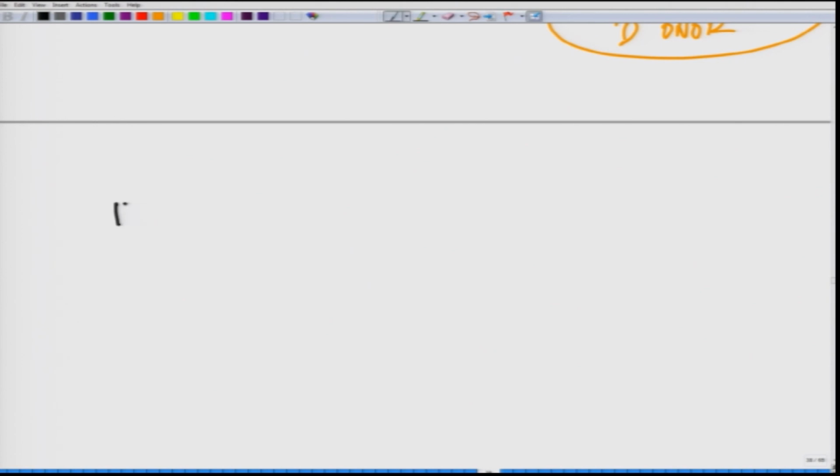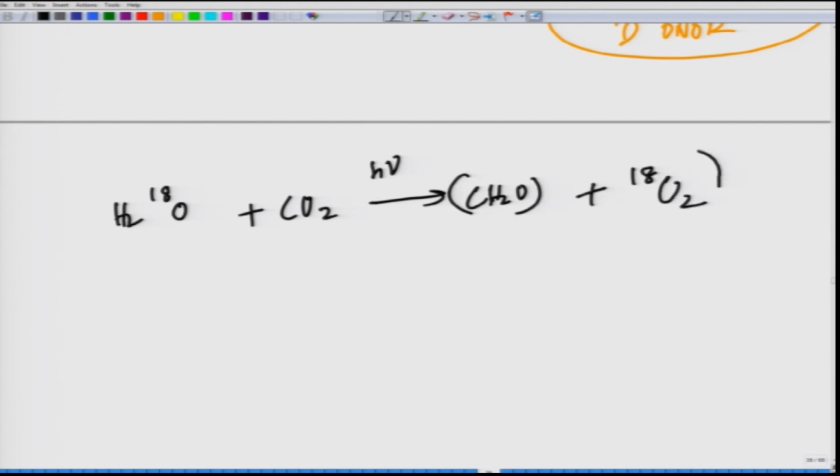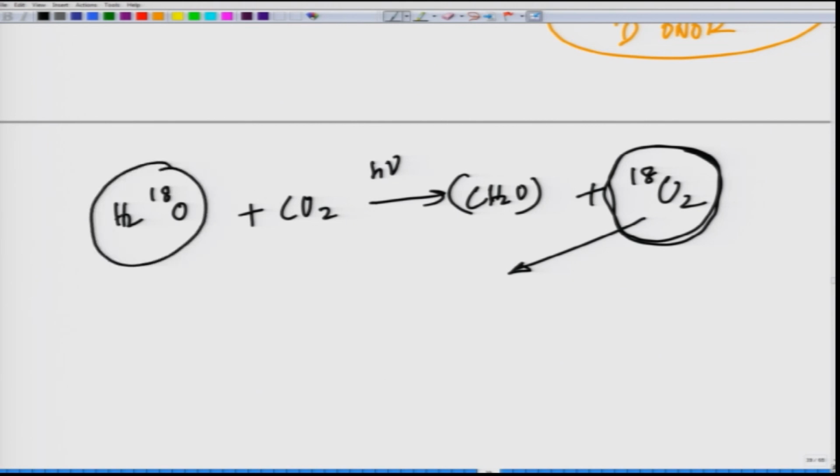This is how the reaction occurs, and one can prove it very easily with a radioisotope. If you have H2 18O, an oxygen isotope, with CO2 in the presence of light, you get CH2O, and what you get is 18O2. If you see the mass of this one, it will be higher, and that is how you can figure out that oxygen is evolved by the splitting of water.